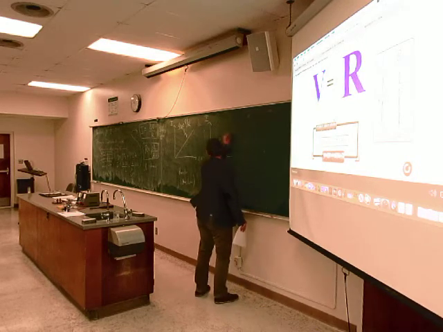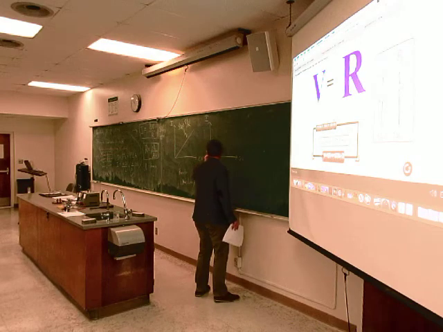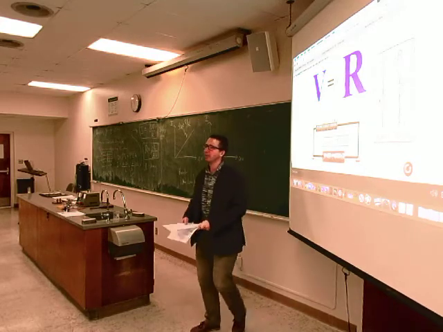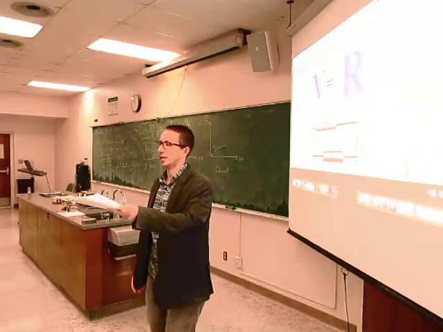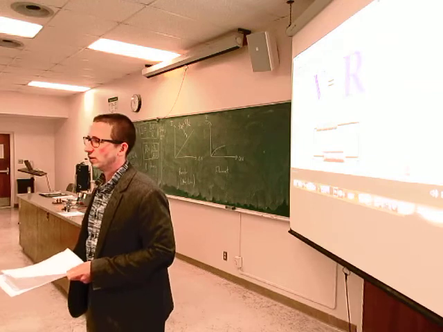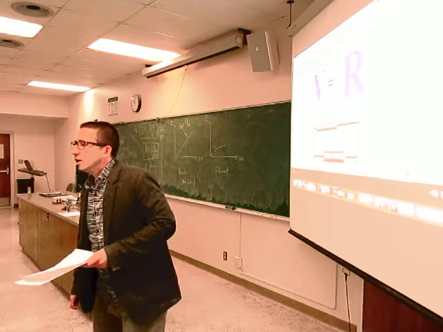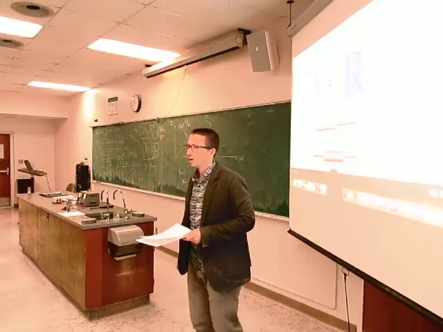Let me make that more clear. And does it keep bending? So it bends, and then does it keep bending? Well, why does it bend, and then does it keep bending, is the question. Yes? It bends because as the current increases, that would increase the temperature, and therefore would increase resistivity.